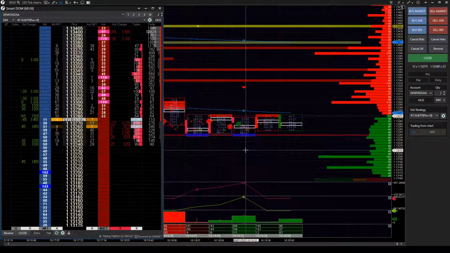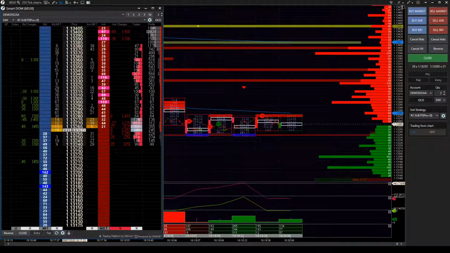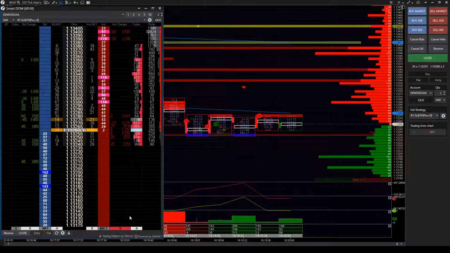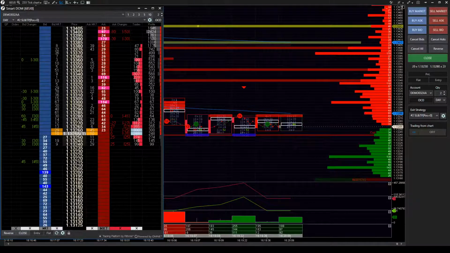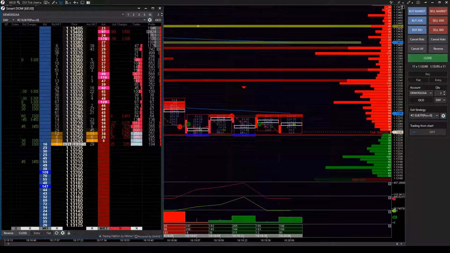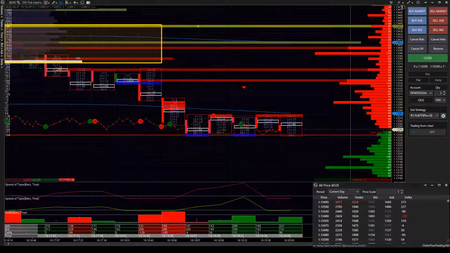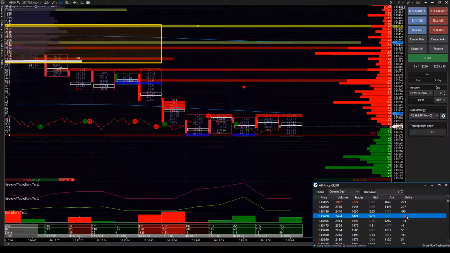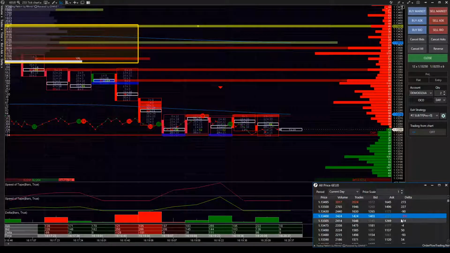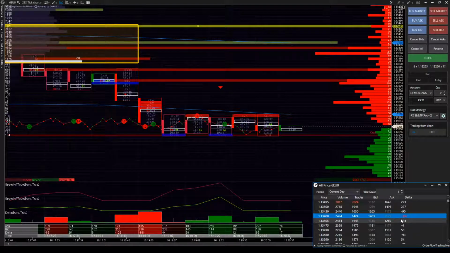Okay, we can see the delta is negative here. And if we take a look at the oil price, you can see a resume of the price moving. You can see here 382 delta negative at 1.134.